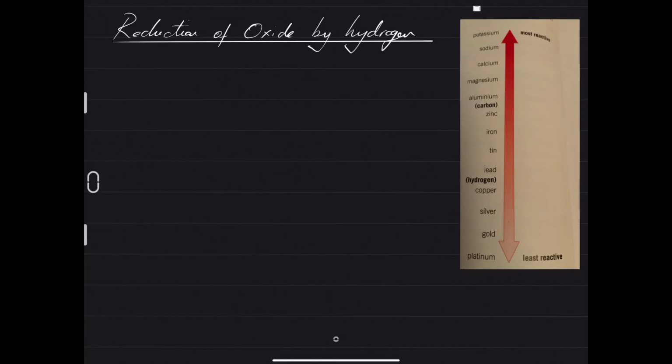Now, before we get into that example, I want to give you the word equation for metal oxide reacted with hydrogen.